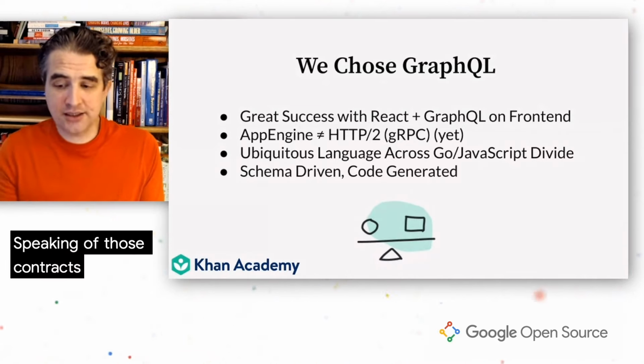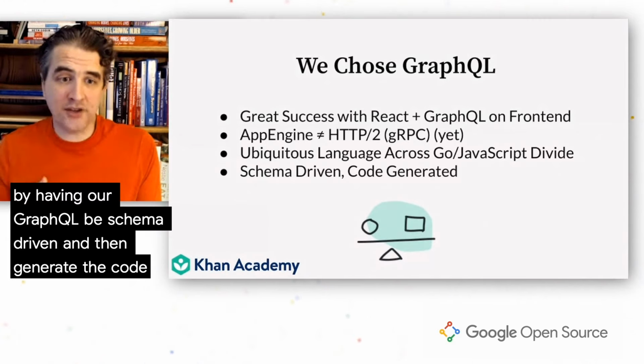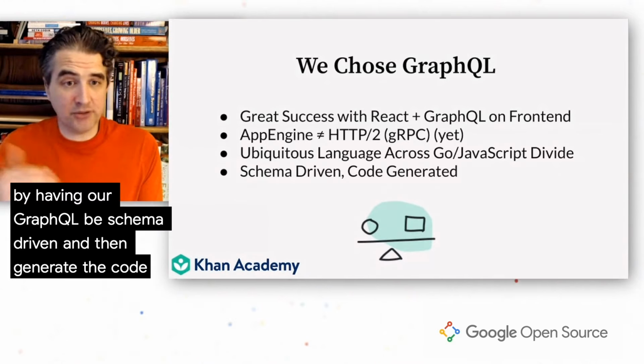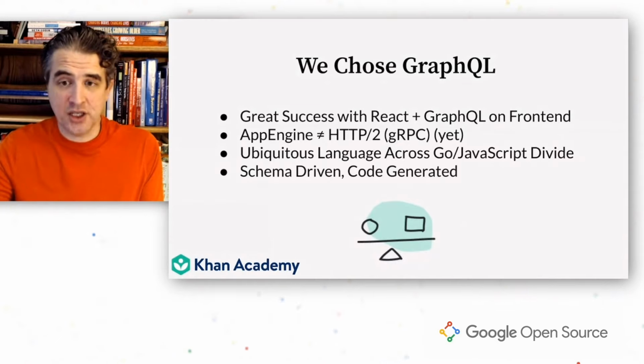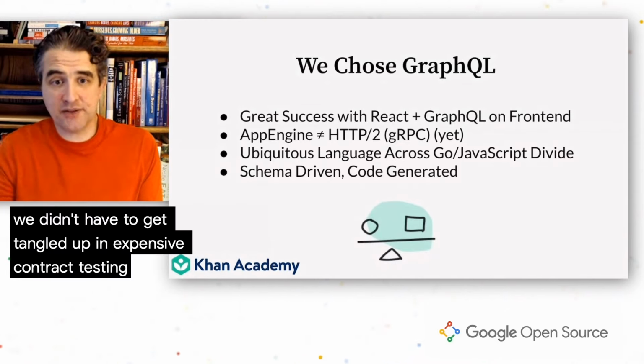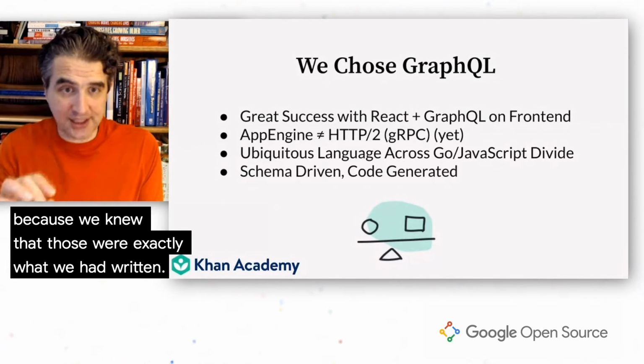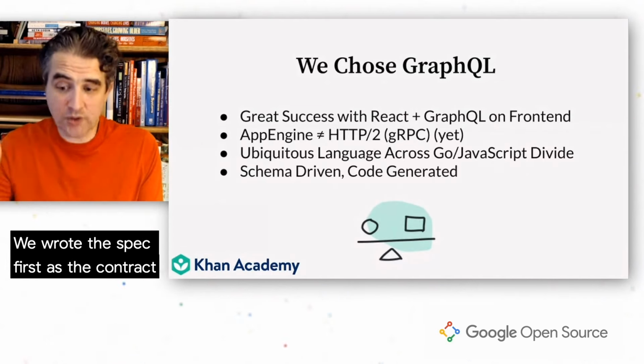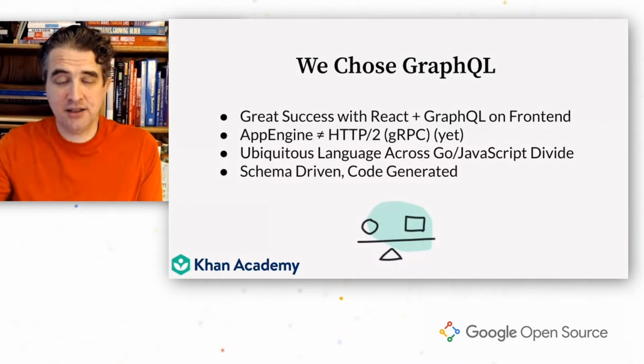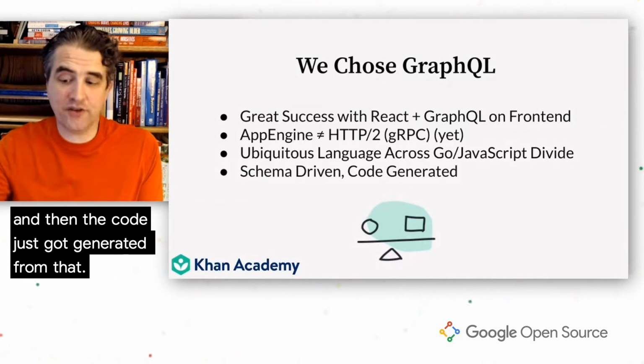Speaking of those contracts, by having our GraphQL be schema-driven and then generating the code from those schemas, we didn't have to get tangled up in expensive contract testing, because we knew that those were exactly what we had written. We wrote the spec first as the contract, and then the code just got generated from that.